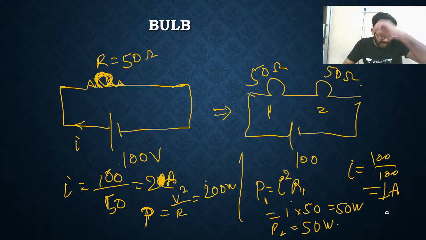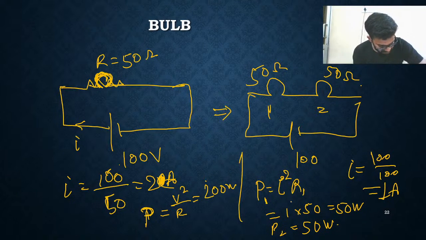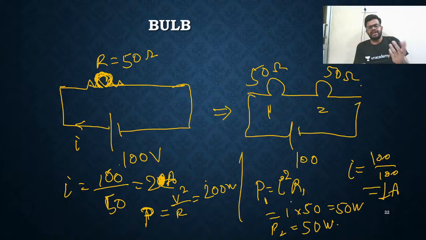The bulb which is consuming more power will give more brightness. The bulb which is consuming less power, with less current flowing through it, will give you less brightness. Okay, remember that. Next thing, my dear, listen.